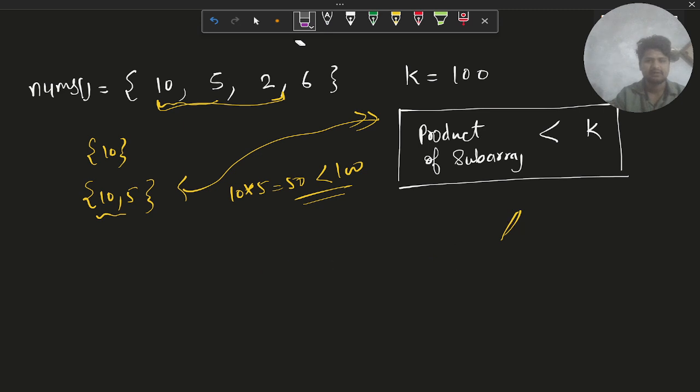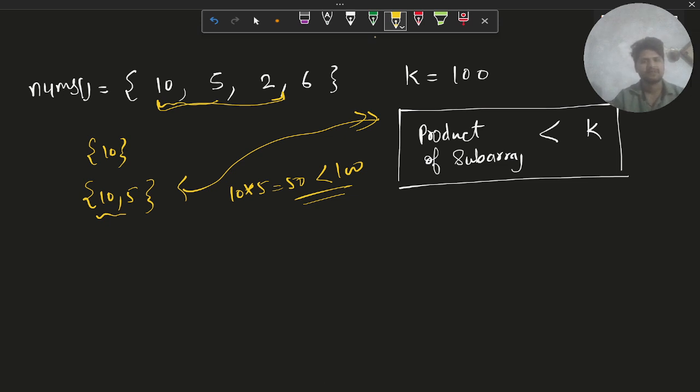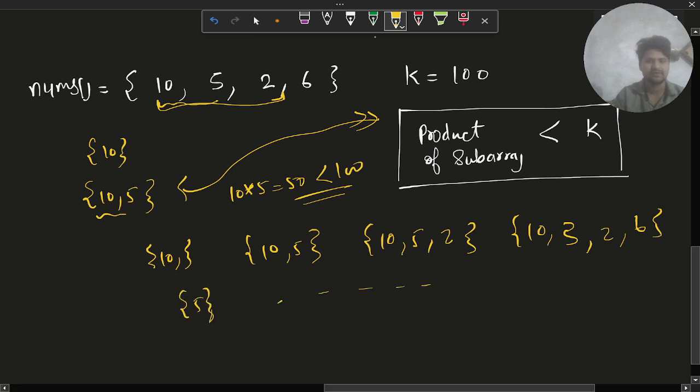There are 8 subarrays which satisfy this condition, so I'm not going to discuss all of them. So what is the brute force approach? The brute force approach is to generate all the subarrays: 10, then 10 comma 5, then 10 comma 5 comma 2, then 10 comma 5 comma 2 comma 6, then 5 and so on. Do the product for each subarray and compare.